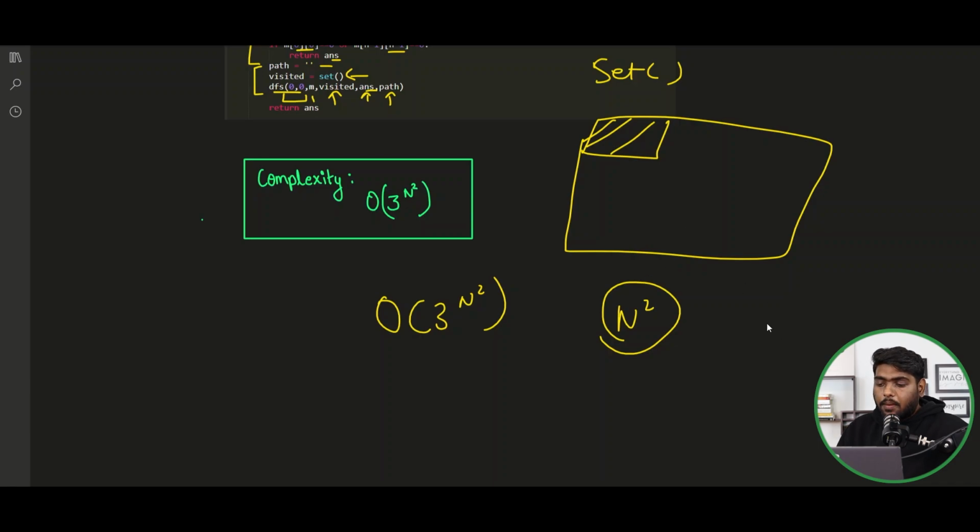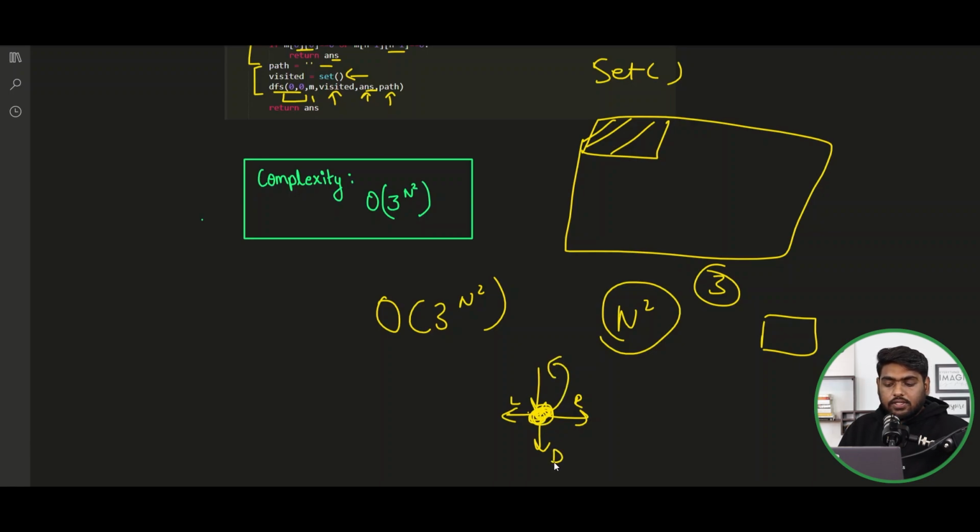And at every point in your DFS function, you have three choices that you can make. Assume you are standing here, correct? And you're coming from there. Then from this point, you have three choices. You can either go on the right, on the left, or towards down, because you cannot just go to the previous one. You are already coming from that direction.